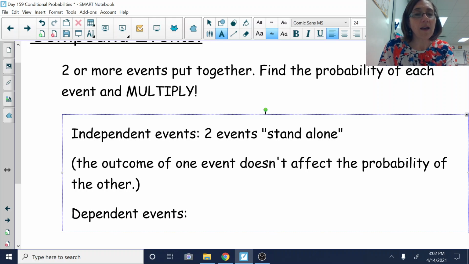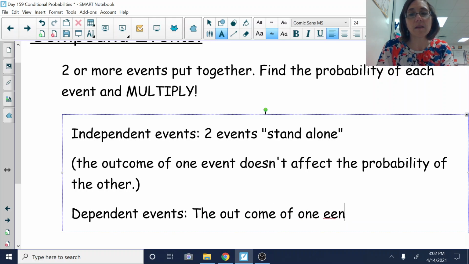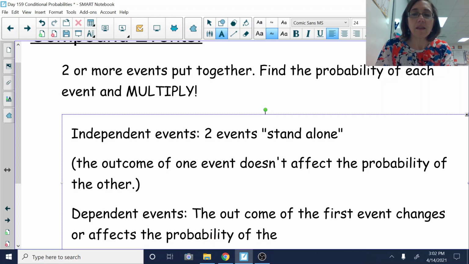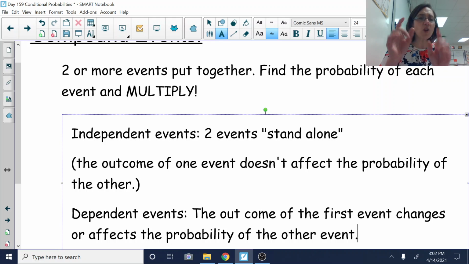That means that the outcome of one event, I'll say of the first event, changes or affects the probability of the other event. So we'll talk about that in a minute.